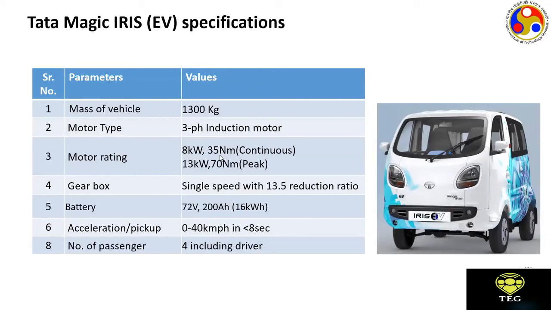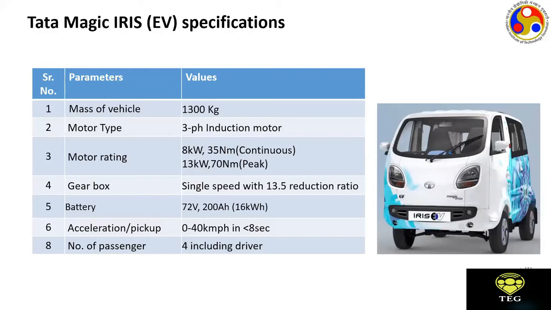And the continuous torque, or the rated torque, was around 35 Newton meter. That's what they went for, and this was the peak performance. Here you see the overloading factor was around 2 for the torque instead of 3. It was 2 because they did not go for a water cooled or liquid cooled machine, they went for an air cooled machine. If you go for air cooling, then you cannot overload it much. If you go for a liquid cooled machine, then you can overload it more.